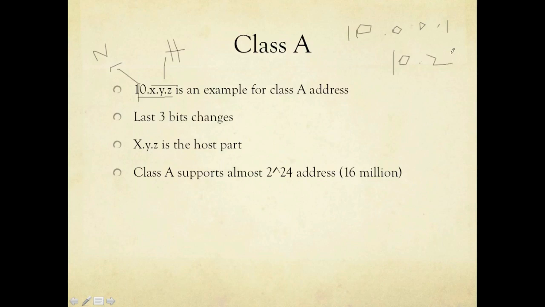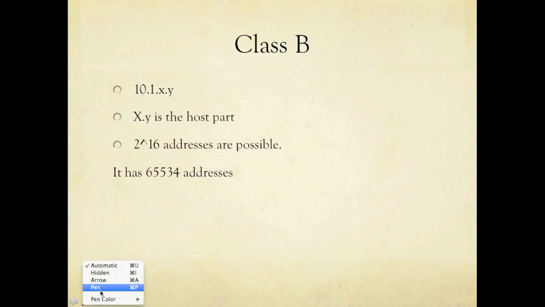So there are 24 host bits, and it supports 2 power 24 addresses, almost 16 million, exactly 16,777,214 addresses.